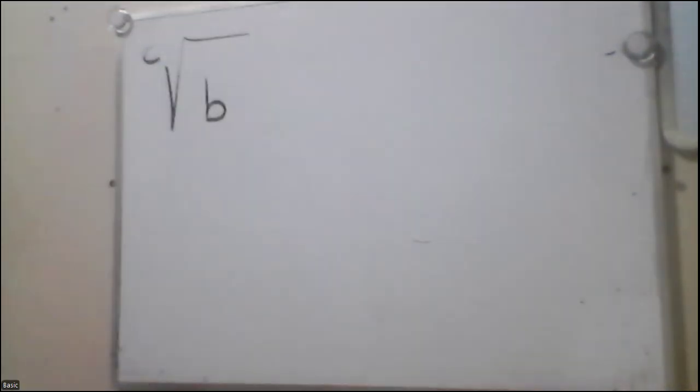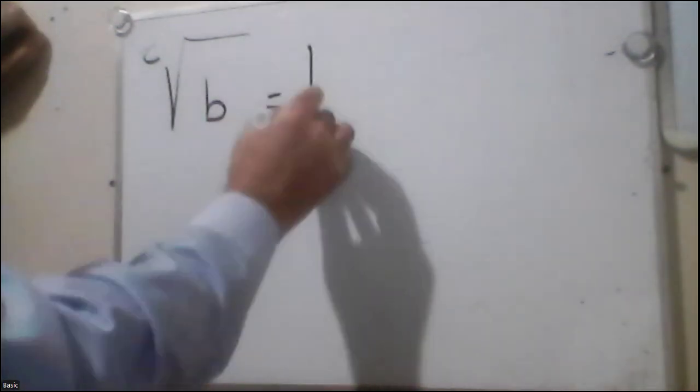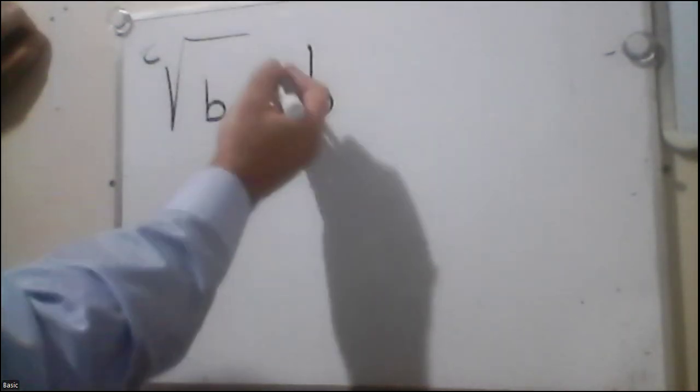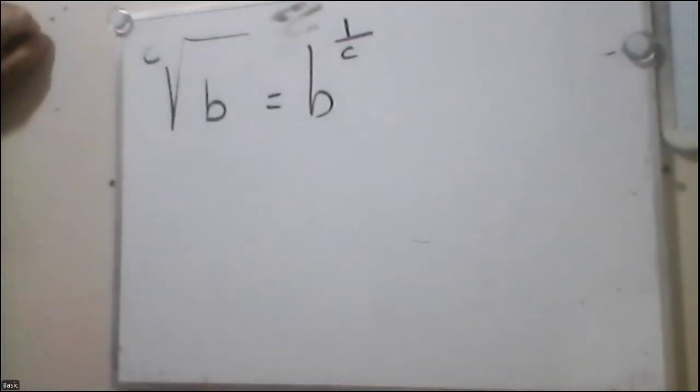When I just want to untie this, that will equal B. When I remove the root, I will say power 1 divided by C. Here it is. I will write it on the left side, B power 1 divided by C. Because here actually there is power 1, and the outside I will go to C.